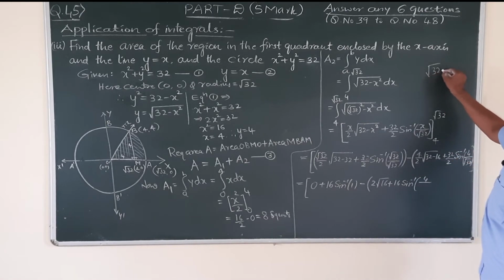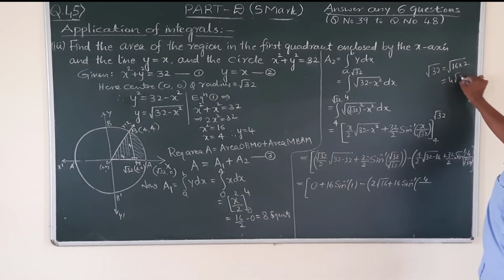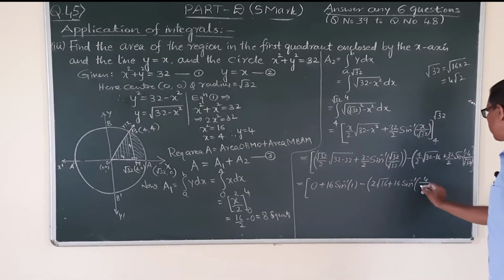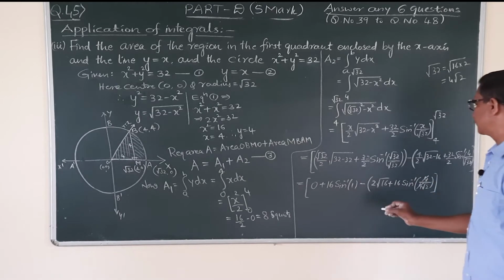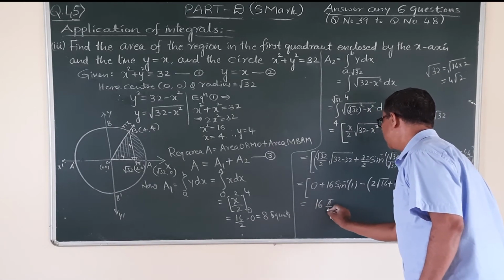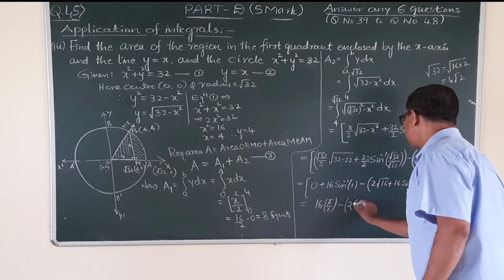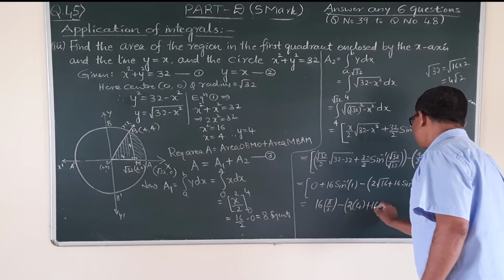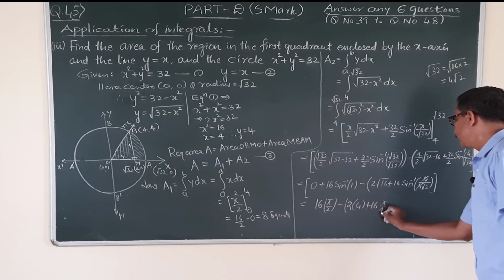Root 32 can be written as root of 16 into 2. But root 16 is 4, correct? So root 32 is nothing but 4 root 2. The 4s cancel. So that is 16 sin inverse of 1, which is 90 degrees, minus 2 into root 16, which is 4, plus 16 sin inverse of 1 by root 2. What does that come to? 45 degrees.